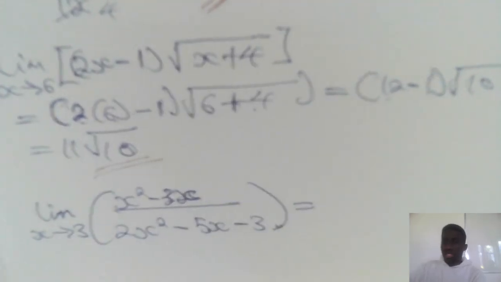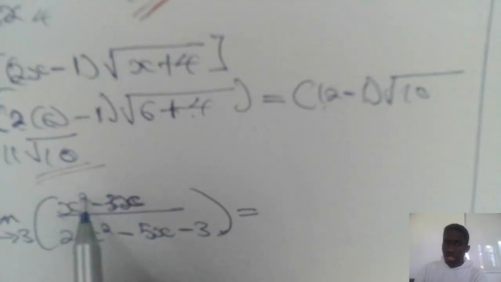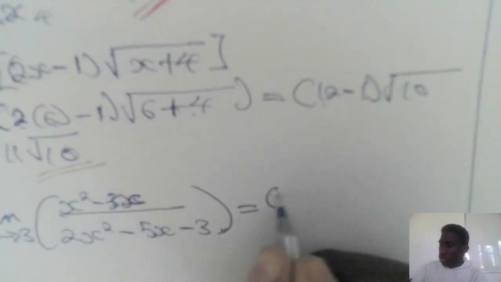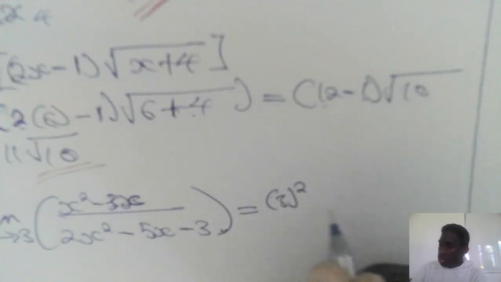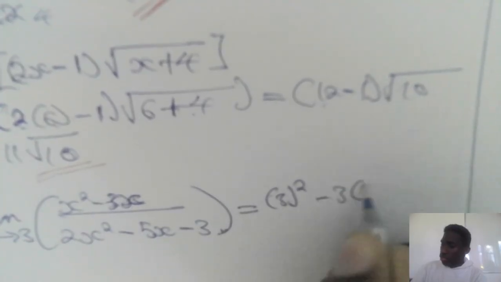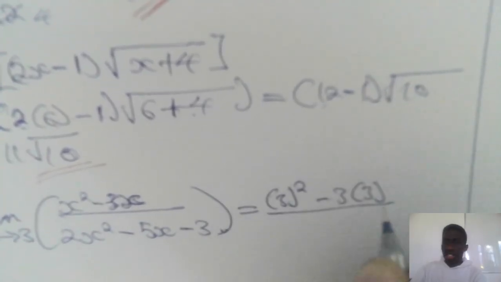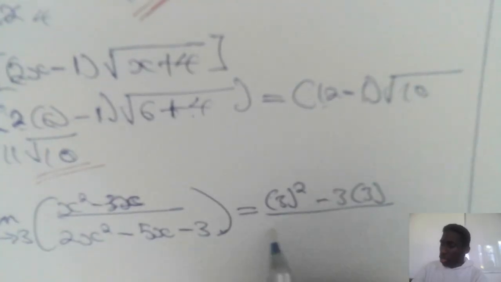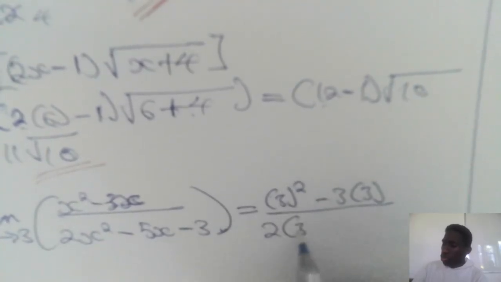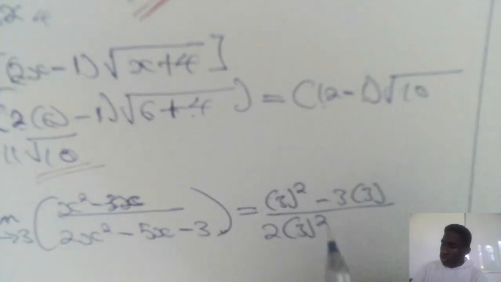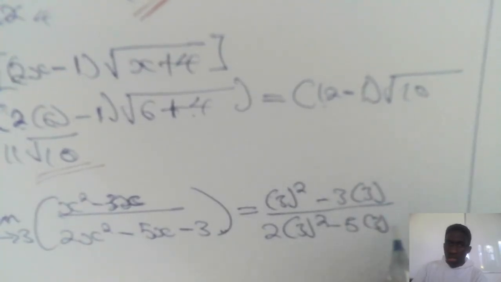Here we have x squared, so 3 squared, minus 3 multiplied by 3, divided by, on the denominator, 2 multiplied by 3 all squared minus 5 multiplied by 3 minus 3.